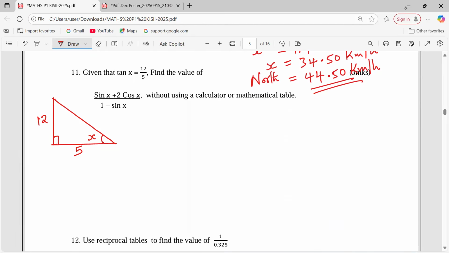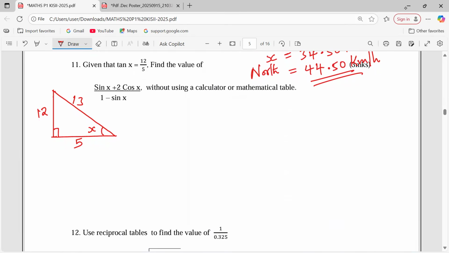From this, we can apply Pythagoras theorem so that you may know the hypotenuse also. So we talk about the hypotenuse being 12 squared plus 5 squared. Then we take the square root of 169, giving us 13. So this side is 13 units. I hope you got me at that point. So we first fill the triangle so that we can extract sine of x.